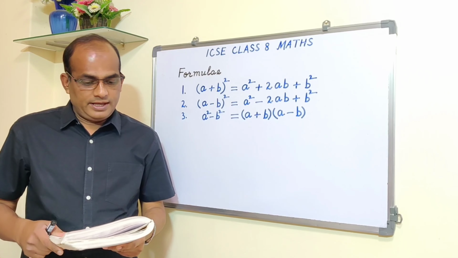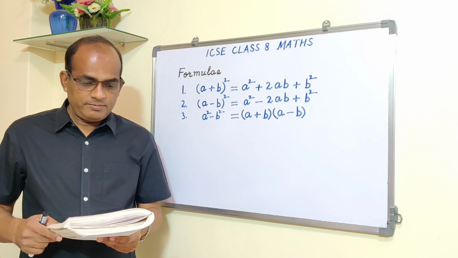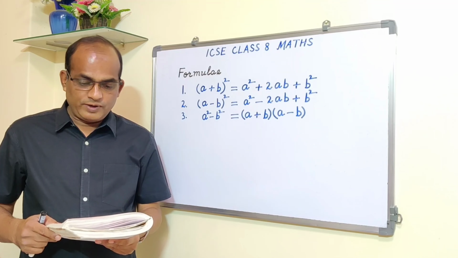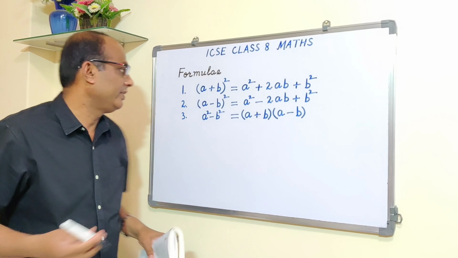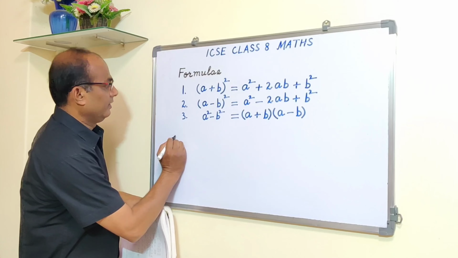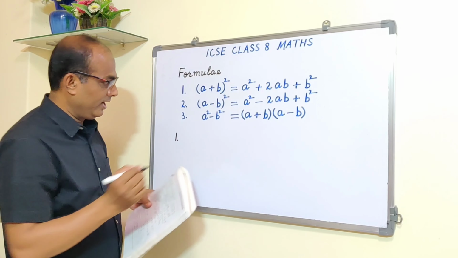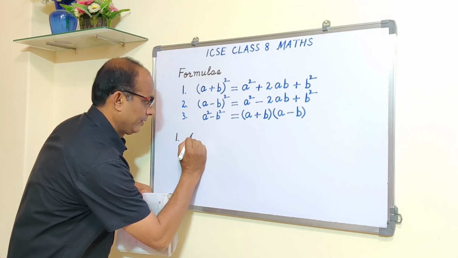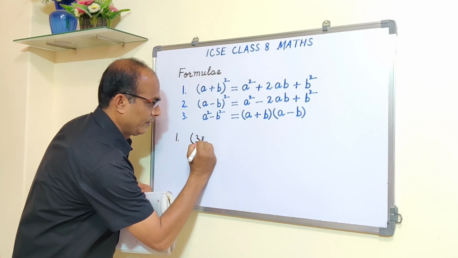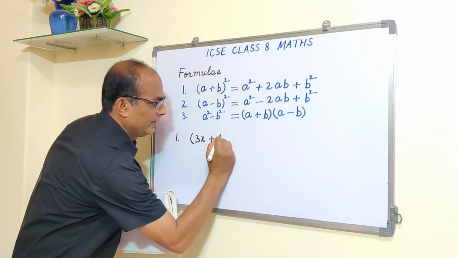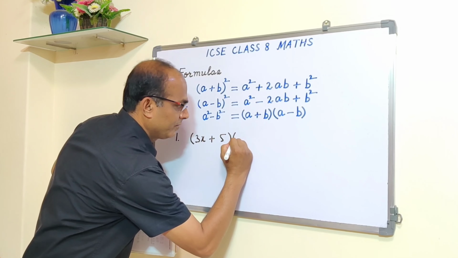Okay. Now the first question is, using suitable identity, find the product. The question is 3x plus 5 and 3x plus 5 again.